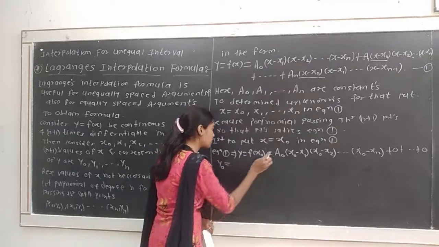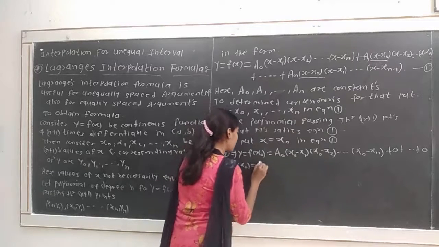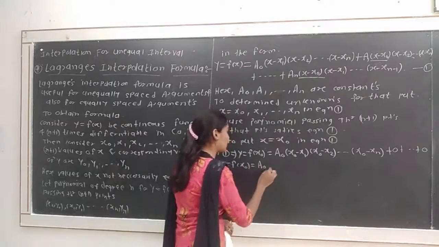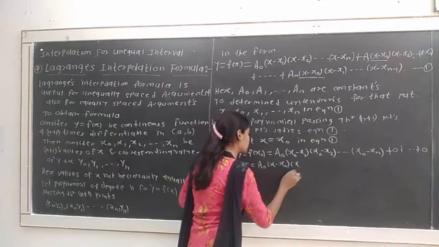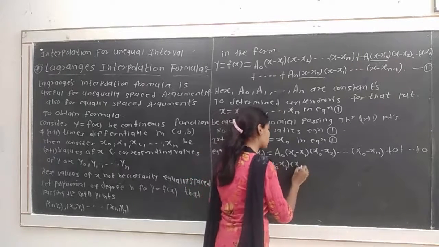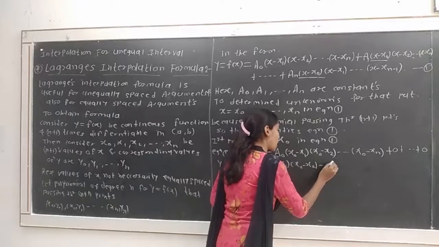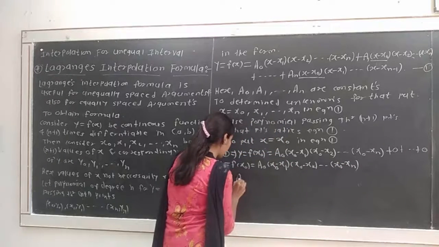So y0 is equal to f of x0, which is equal to a0 times x0 minus x1, x0 minus x2, up to x0 minus xn. Then from that we find a0.